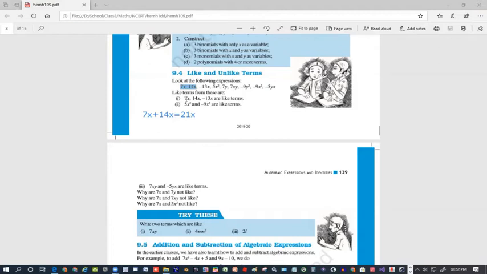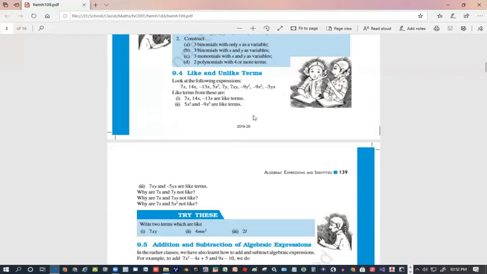So like terms are 7x, 14x, minus 13x, and 5x square and 9x square. See, the coefficient is anything, but the variable part is x square, x square. So these are like terms, so they can again be added. If we add them, it will give us minus 4x square. So like terms are added.